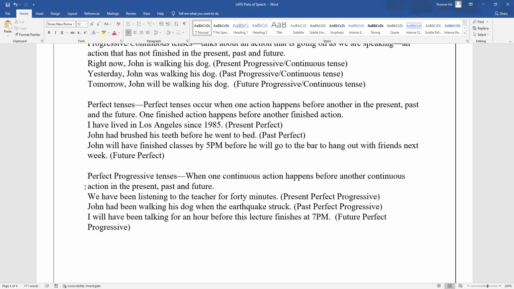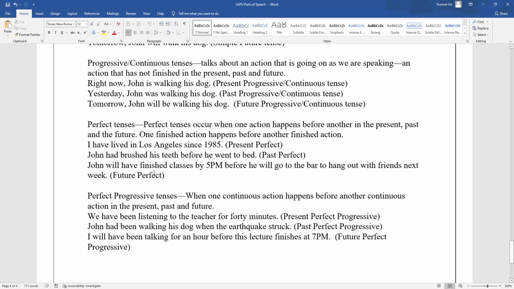But suffice it to say that just like with the perfect tenses, when you use the perfect progressive tenses, it means that there's a big gap in time between one action and another action. Everything is further into the past.